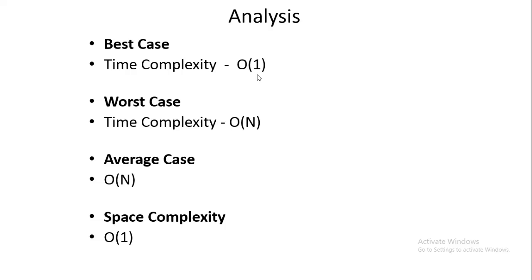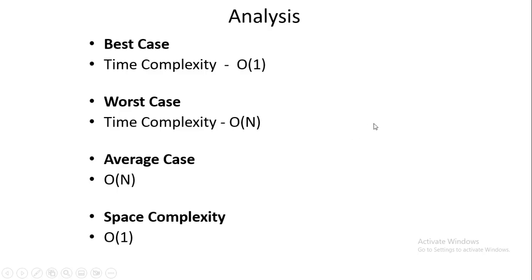So the time complexity in that particular case comes out to be big O of n, and on average the time complexity is big O of n, and there is no extra requirement of memory space. So that is why the space complexity is constant.